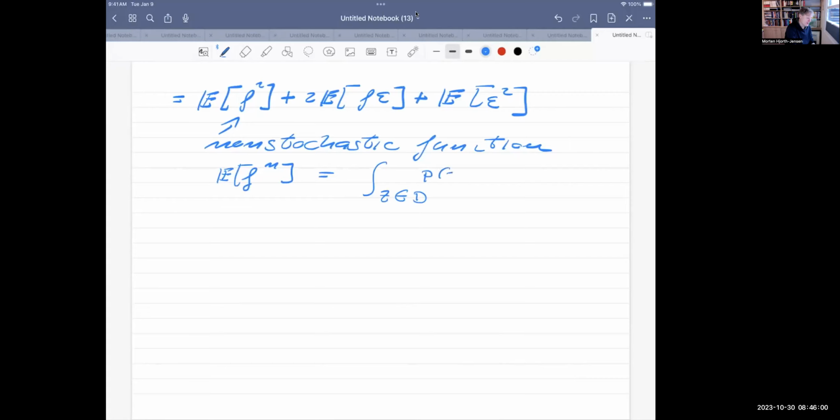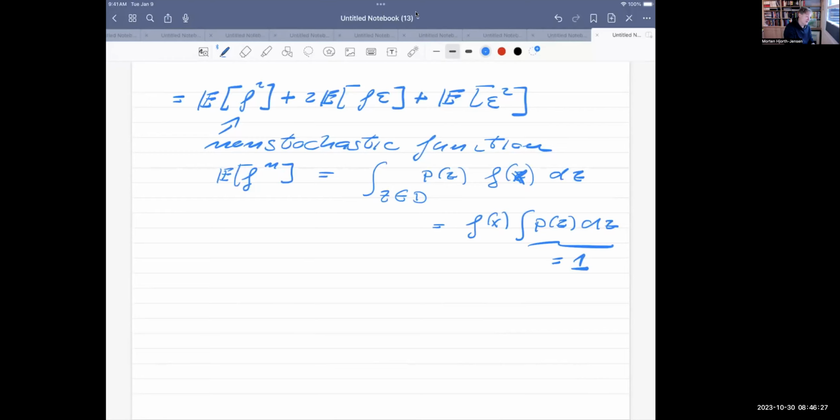We have a p of z, but f does not depend on this probability distribution. So f depends on some variable x, and the probability distribution does not affect this variable f of x. So this is simply f of x, and we have assumed that p of z, the probability distribution which we have at hand, is normalized to 1.